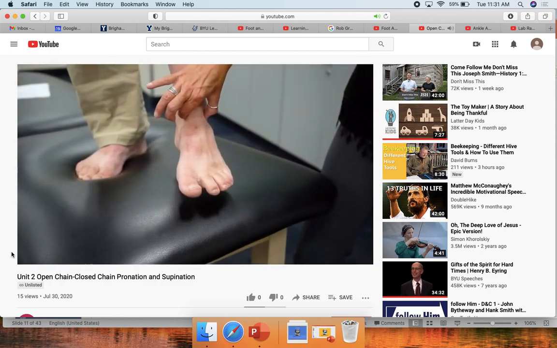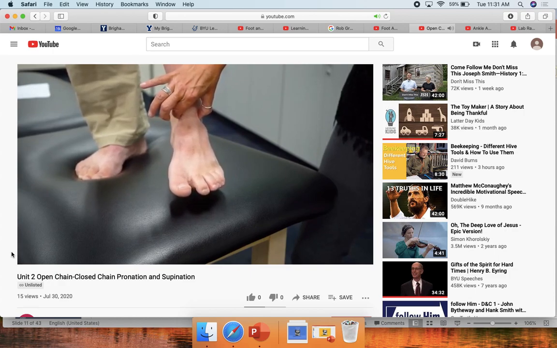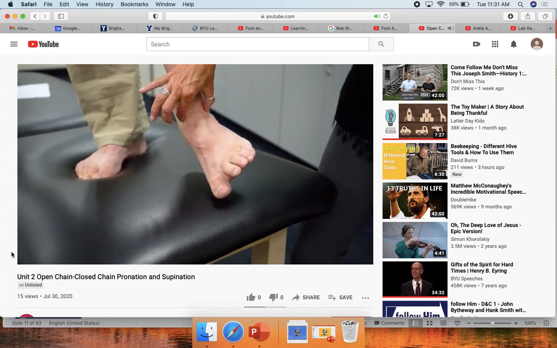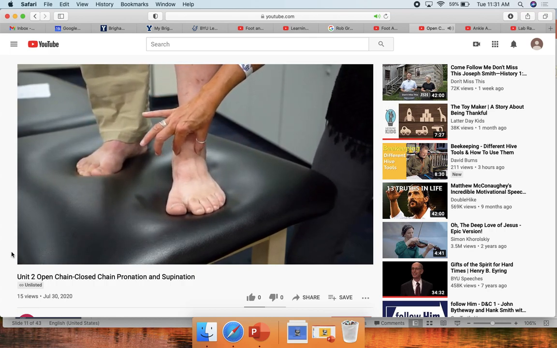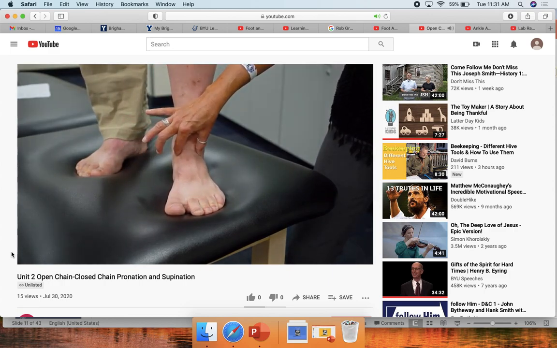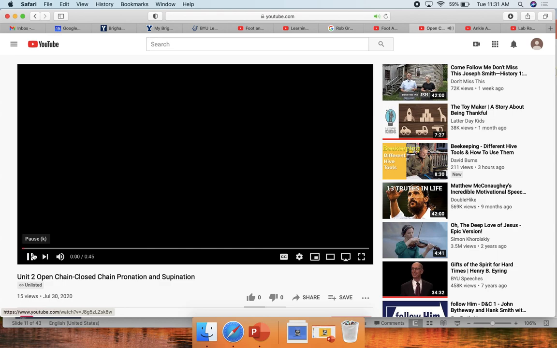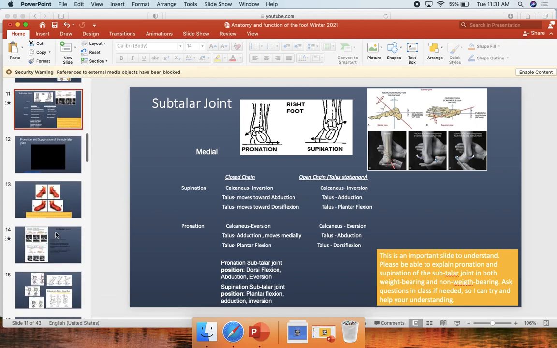So here we have a real foot with open and closed chain pronation. This is open chain pronation. And now we're going to do closed chain pronation. My hand is around the talus so you can see that movement better. So an important distinction when it comes to open and closed chain supination and pronation.